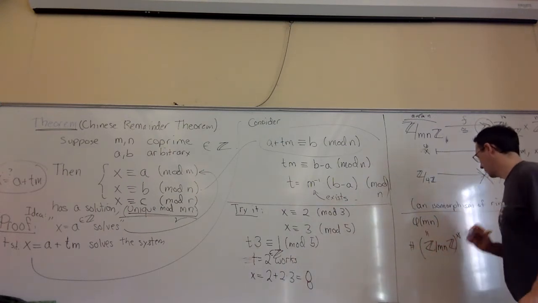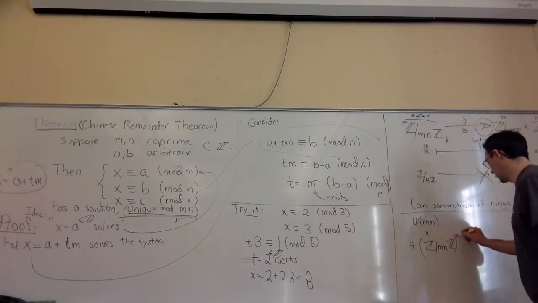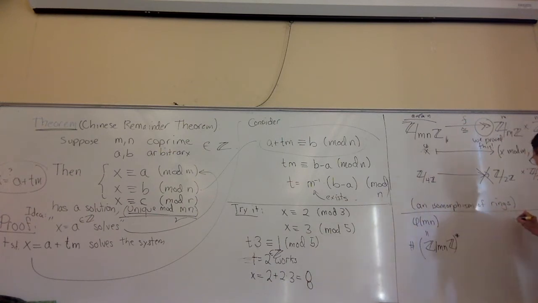These are the elements that are co-prime to m times n. Phi of m, almost by definition, is the cardinality of (Z mod mZ)*. Phi of n is the cardinality of (Z mod nZ)*.